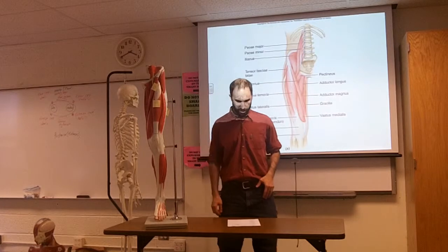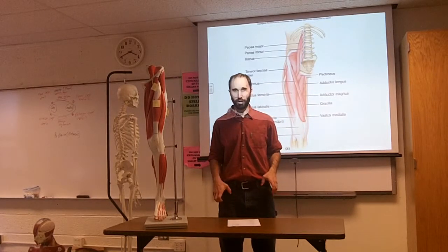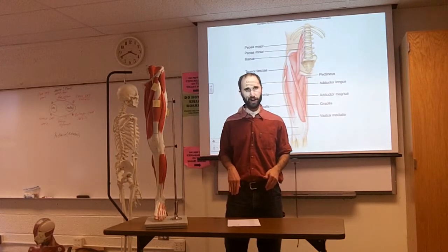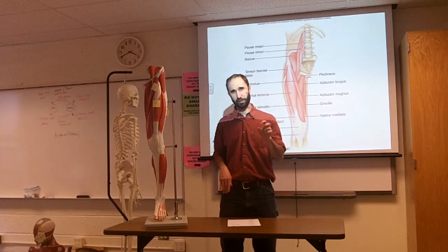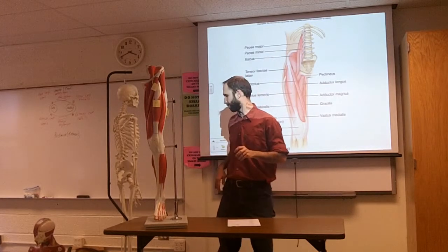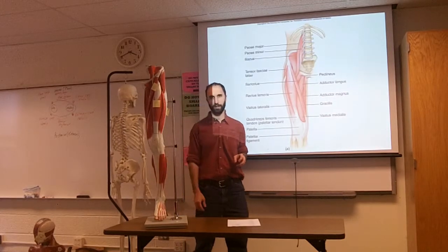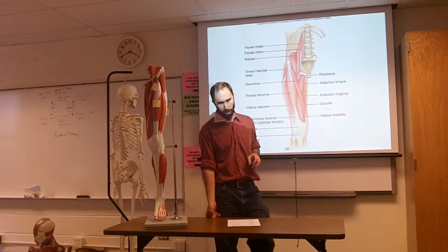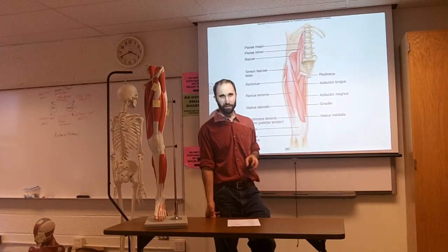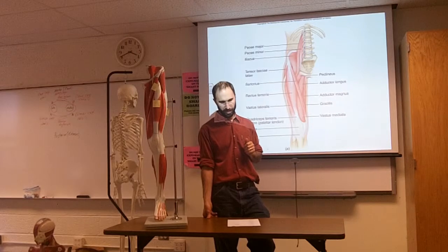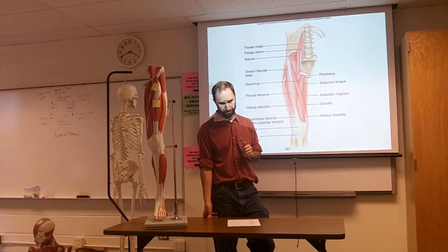But anyway, it creates a little tunnel. The psoas goes through that tunnel and attaches to your lesser trochanter, a little spot on the anterior part of your femur. This is one of the major muscles involved in flexing the hip. So this is flexing the hip, psoas.